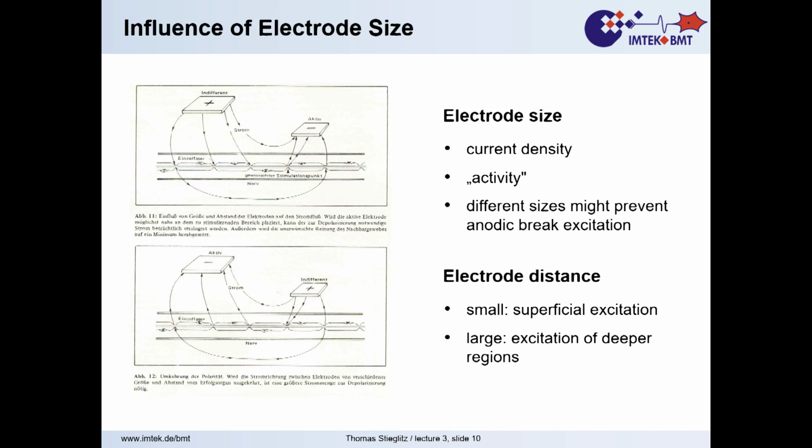We can play some tricks with the size of the electrode. I always try to imagine such a stimulation by starting, for example, with an imaginary number of field lines. If it helps you, you can say, well, let's start with 10 field lines for that kind of stimulation, and then you have a small electrode and a large electrode.